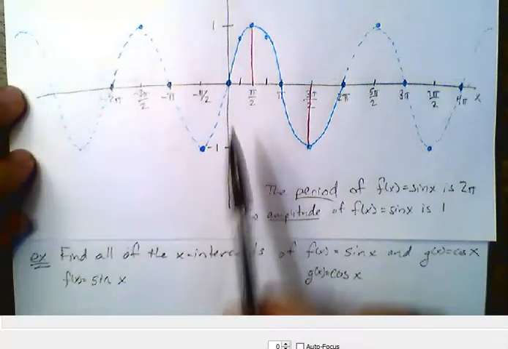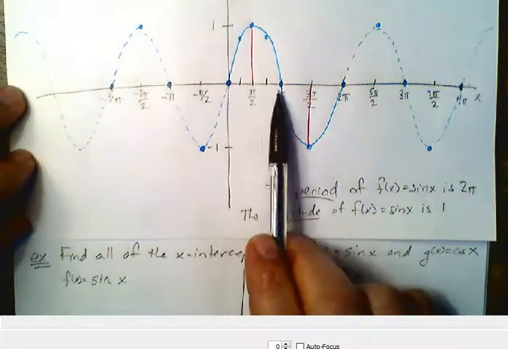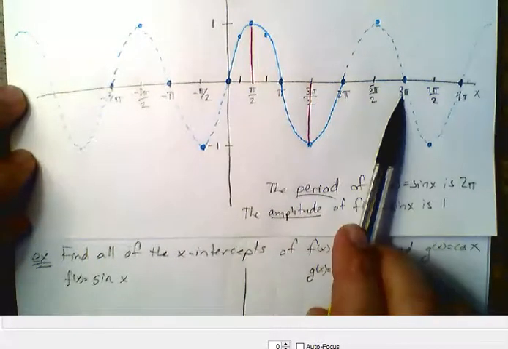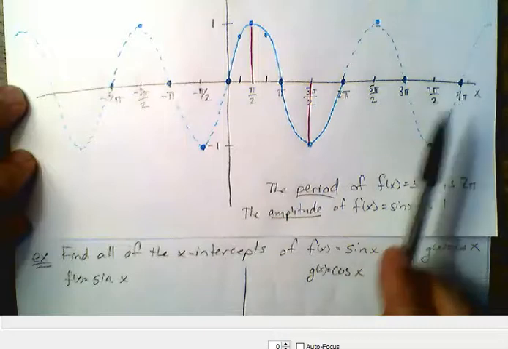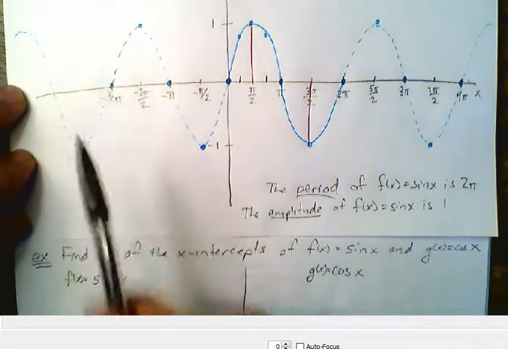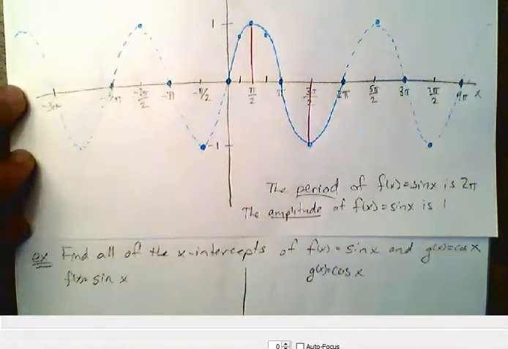So it looks like here the first x-intercept we graphed was 0, and then pi, and then 2 pi, and then 3 pi, and then 4 pi. We go kind of in reverse. It's negative 1 pi, negative 2 pi. This one would be negative 3 pi, you guessed it, right? And so on and so forth forever.